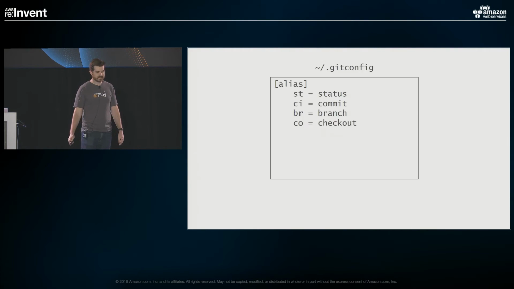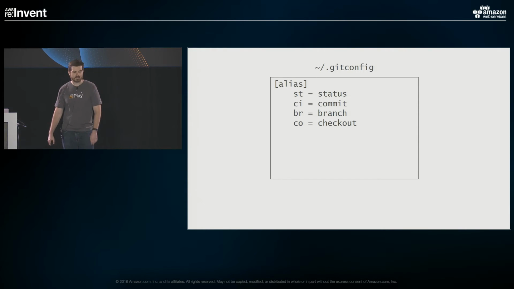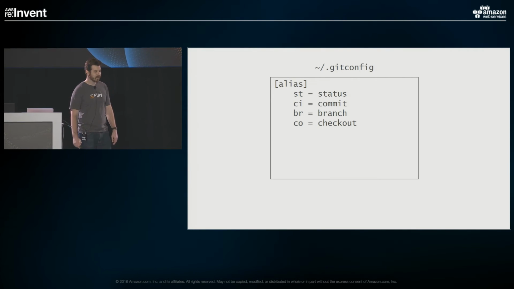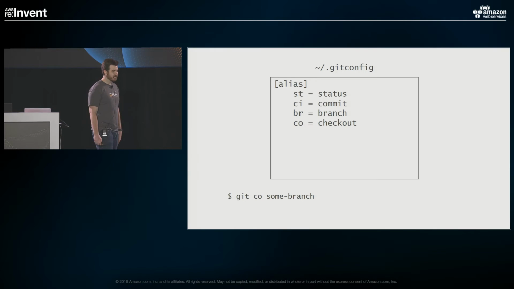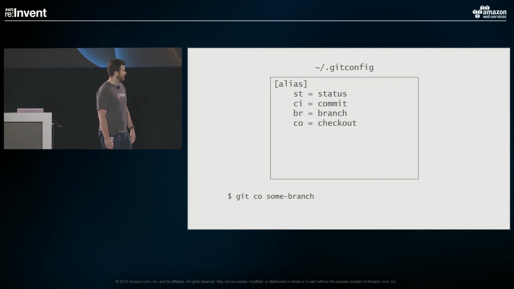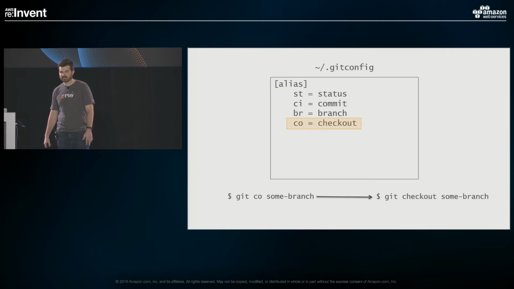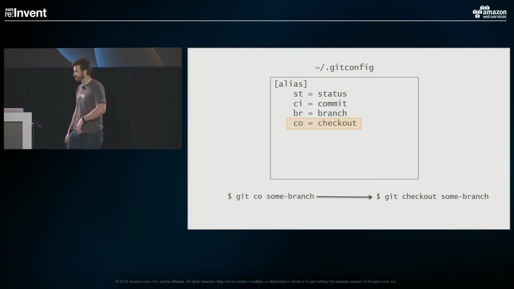CLI aliases are very similar to Git aliases, where if you specify in your git config a shorthand command for a longer command, you can run this shorthand command, and Git will be able to translate it to the full command name. So git co some branch becomes git checkout some branch.